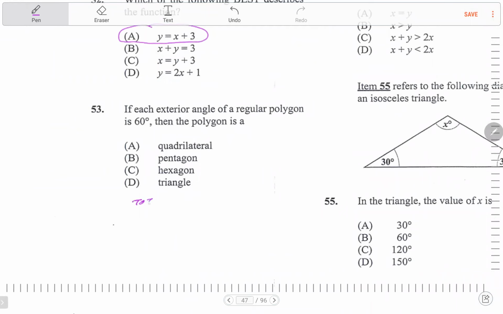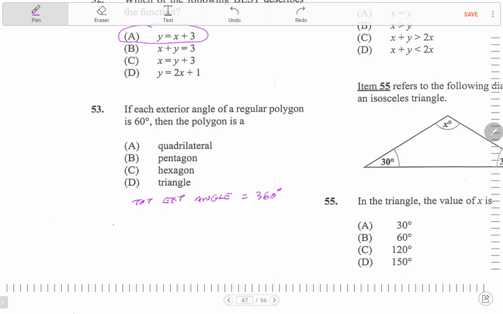Total exterior angle of a polygon is always 360 degrees. Right? And to know which one of these it is, you have to know how many sides it has. If it has 4 sides, it's this. If it has 5 sides, it is this. 6 sides, it is this. 3 sides, it is this.